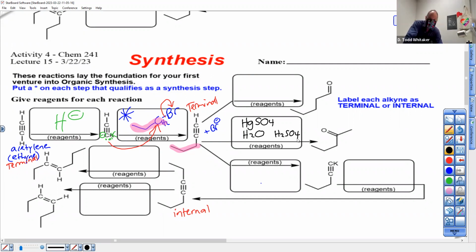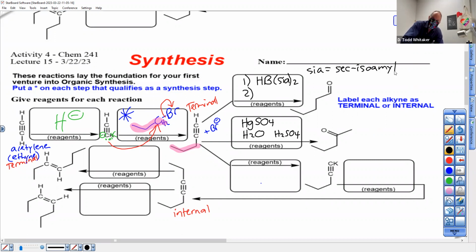How about the aldehyde? That was activity 3 today. This one's a two-stepper. First step, hydroboration, HB with 2-sia. I never explained sia. Sec, iso, amyl. Same as sec, iso, pentyl. Amyl and pentyl, synonymous.